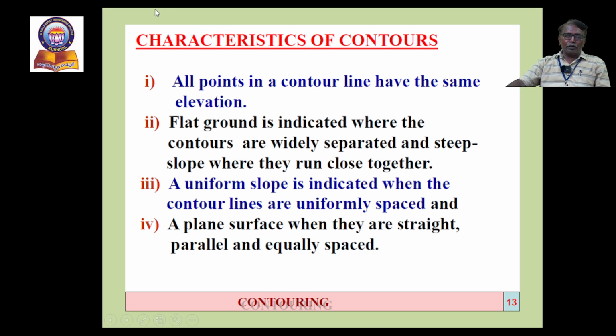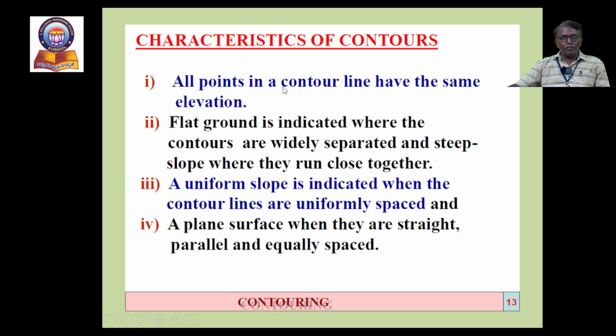Now we'll see a very important topic in this one: characteristics of contours. So how to study the contours? By studying the contour map, we are able to understand what is there in two dimensions, because we cannot write on the drawing whether it is a hill or pond or slope, etc. These can be identified by studying the contour map.